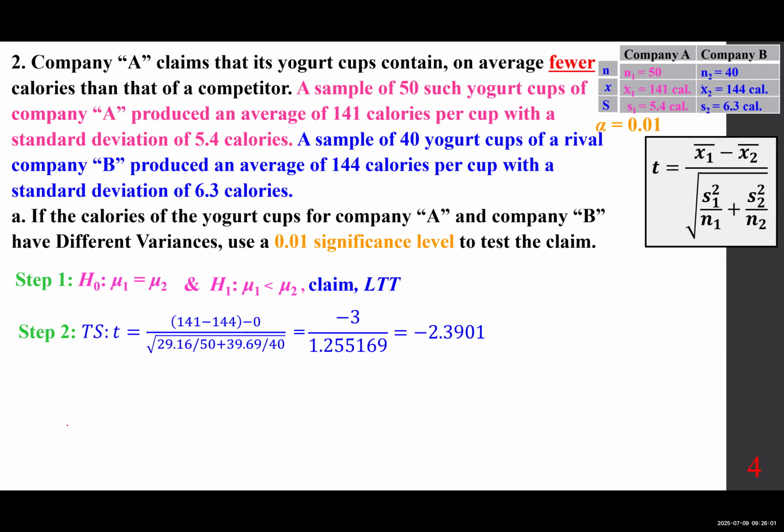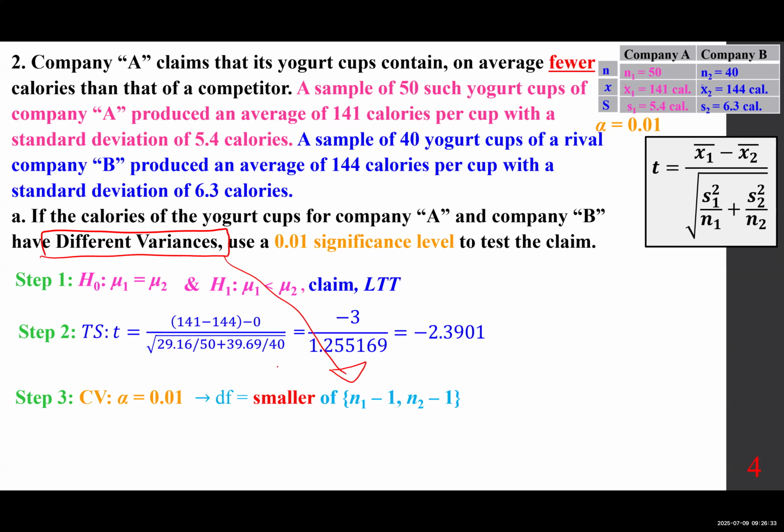Now the next step is to use the critical value. Alpha is 0.01. What about degrees of freedom? With the limitation of a table and doing it by hand, the degrees of freedom is the smaller of n1 minus 1 and n2 minus 1, for the case where we use different variances.